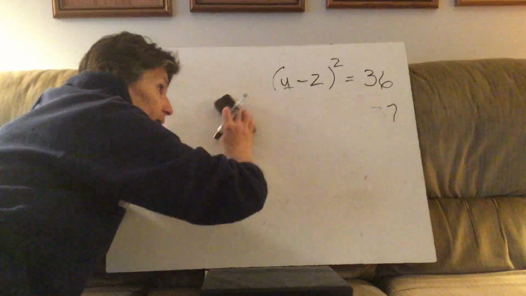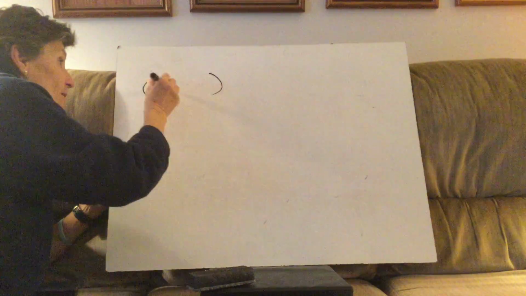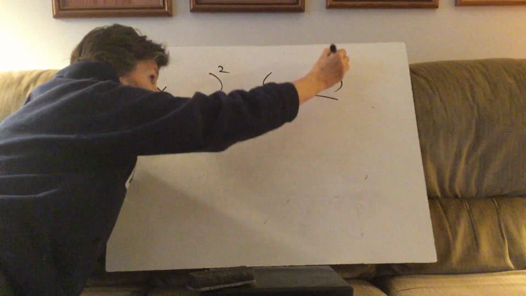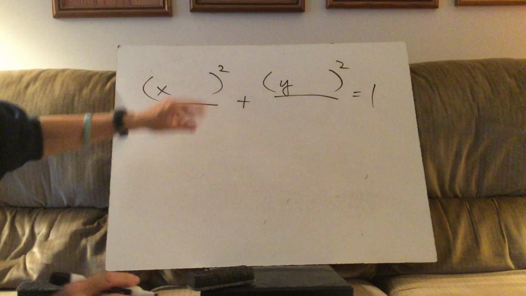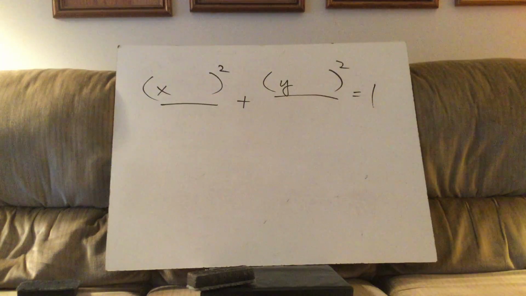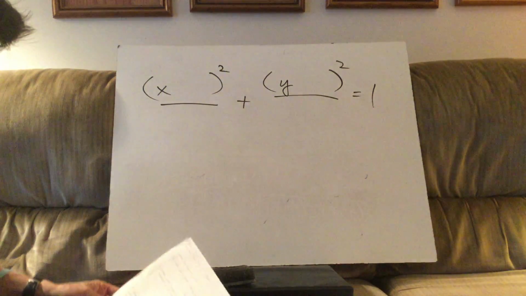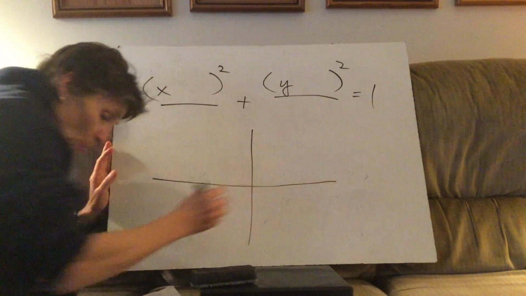Now C is an ellipse. So the equation of an ellipse is a little bit different. So we have an x squared parentheses over a number plus a y squared parentheses over a number equal to 1. Now, I'm going to kind of sketch what I know.